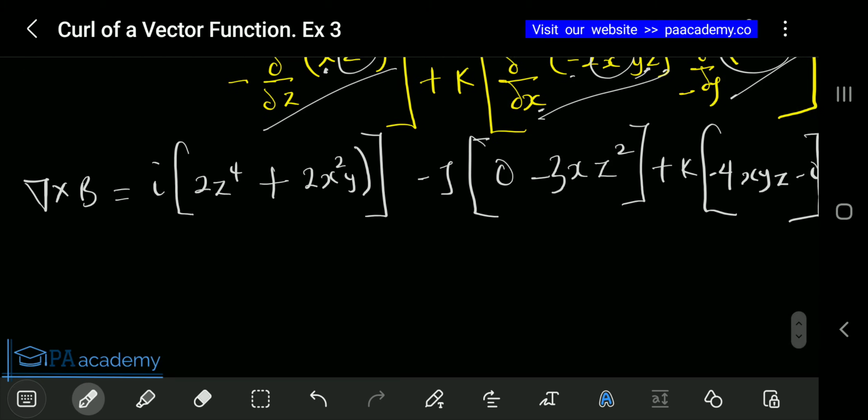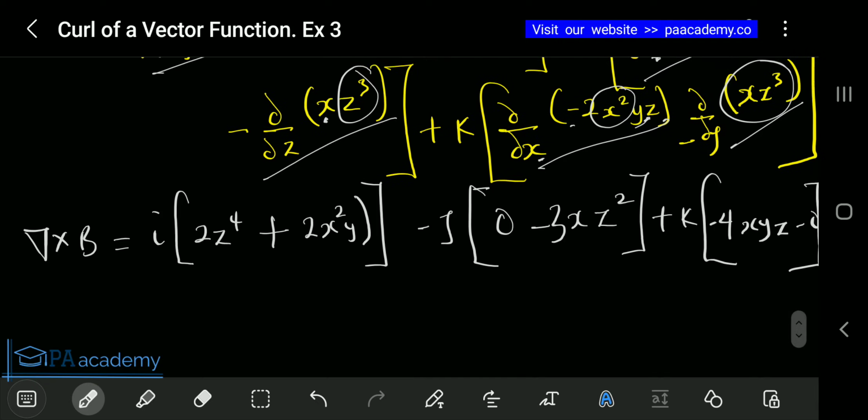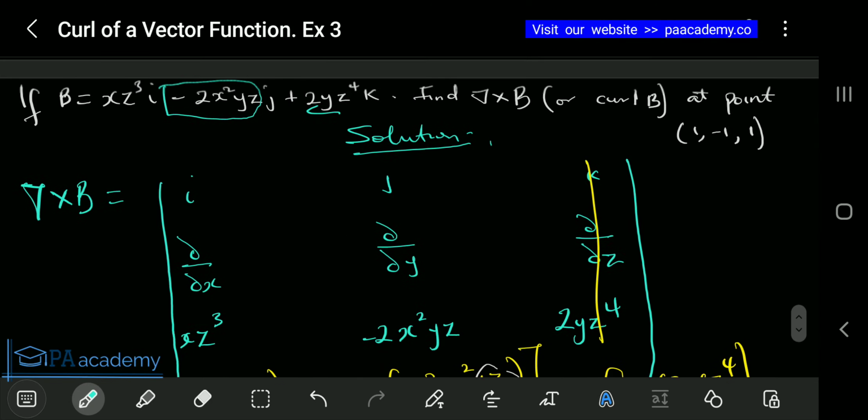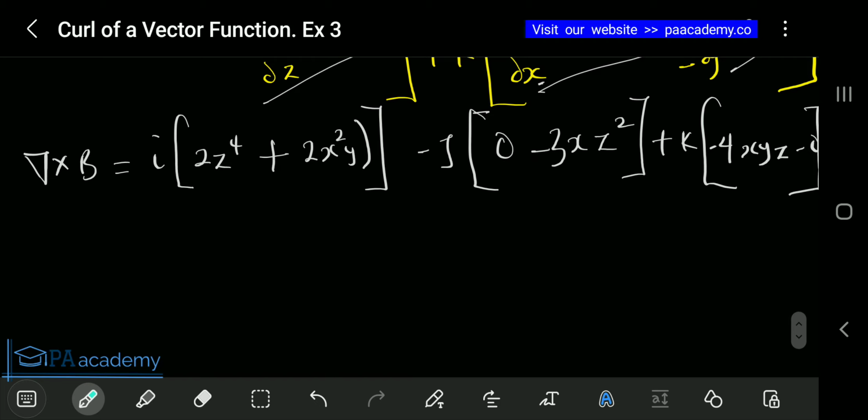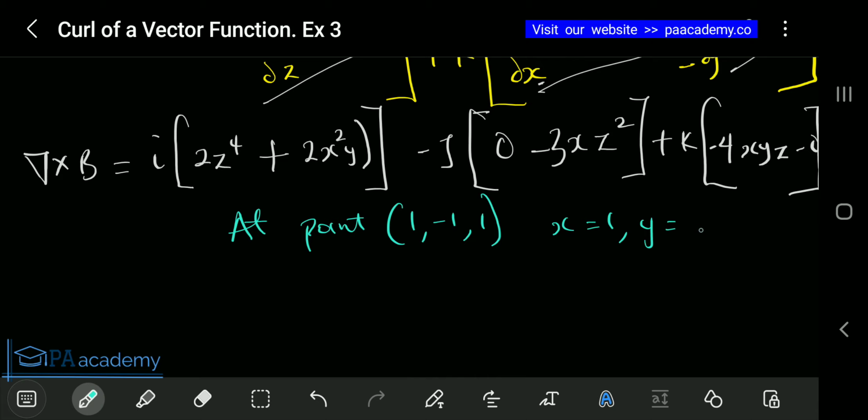All right, so now the question is saying that we are given a point. The question said we should look for the curl at the point 1, minus 1, and 1. So that means our x is equal to 1, our y is equal to -1, and our z is equal to 1.